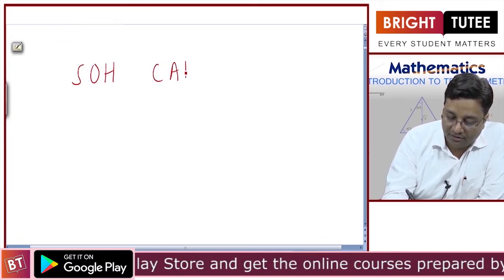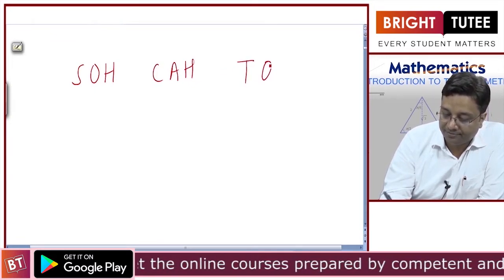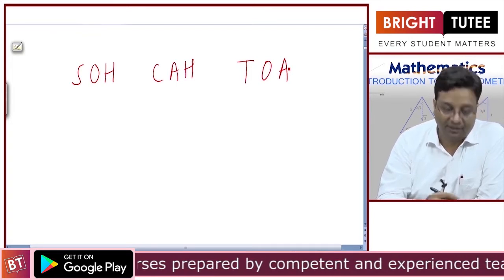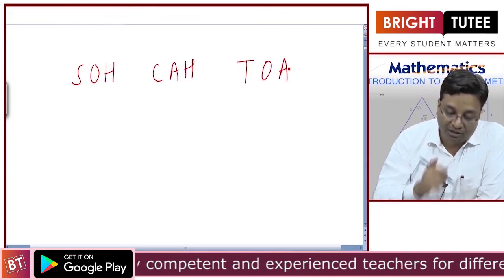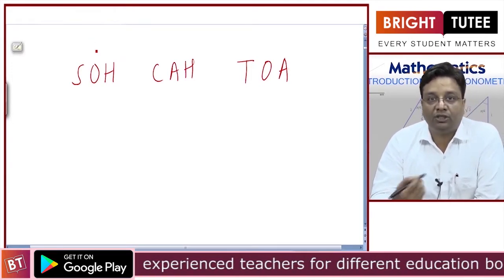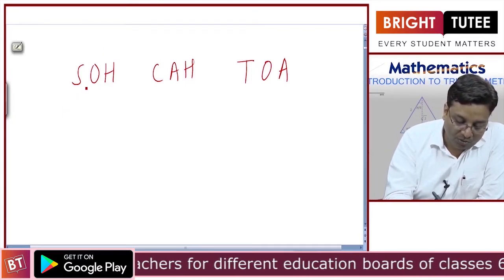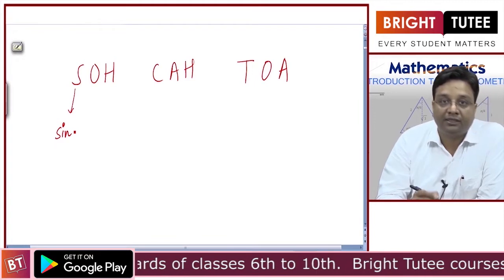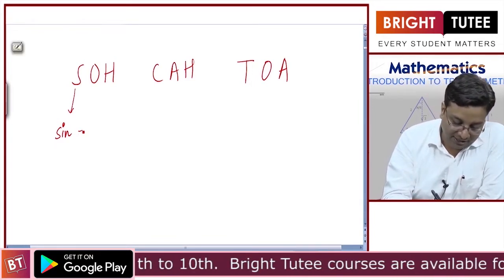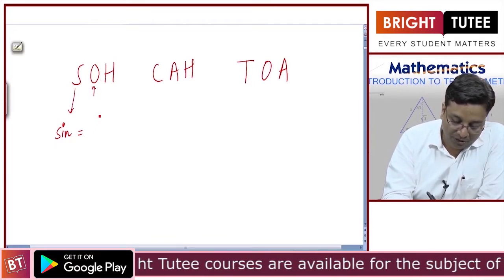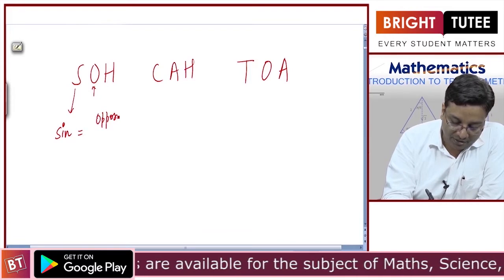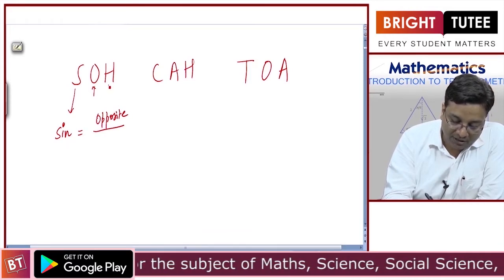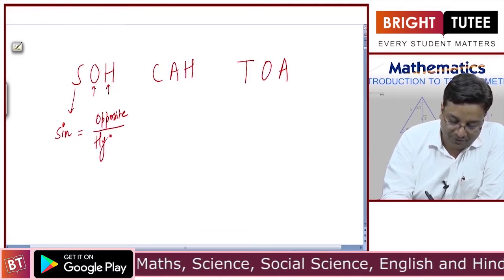So, SOH CAH TOA, right? You memorize this expression. So SOH CAH TOA. What is SOH CAH TOA? So, S means sine. Sine of an angle is equal to, this is opposite upon, this is hypotenuse.